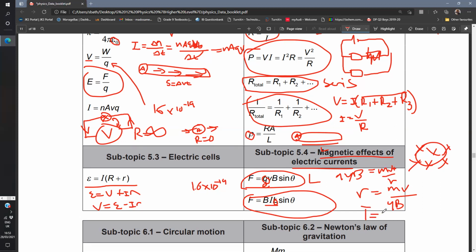Then T, the period, is equal to 2 pi r, the circumference.